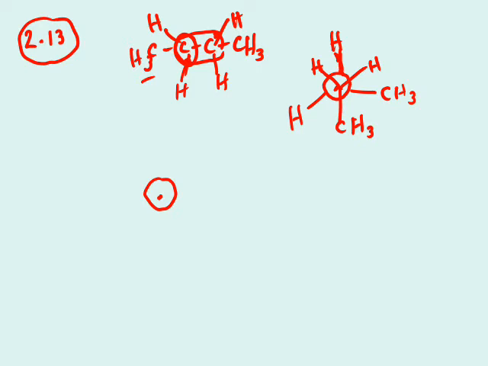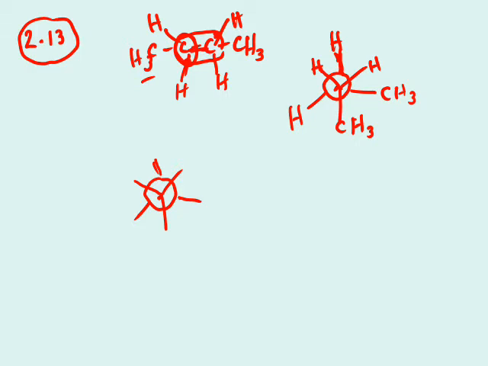Now I'm going to write down, again, these are staggered because I'm looking for the most stable conformations. Remember, you go from one conformation to another by simply rotating around the carbon-carbon single bond. We're talking about this carbon-carbon single bond.